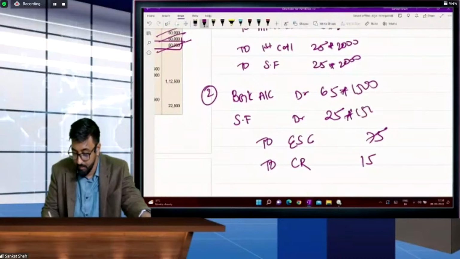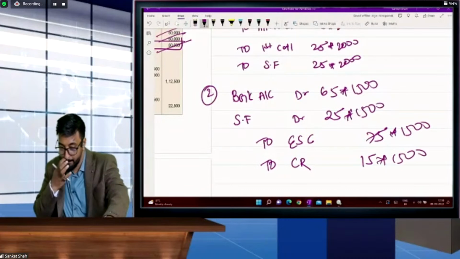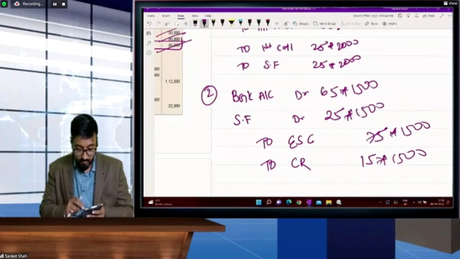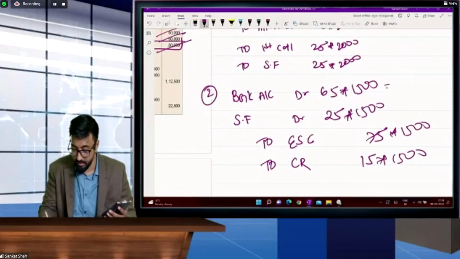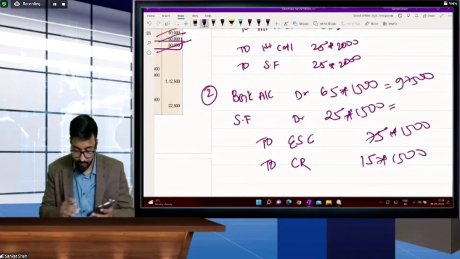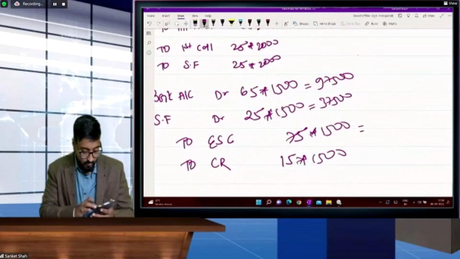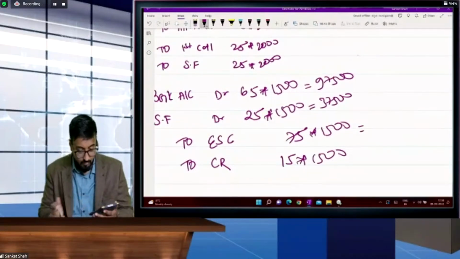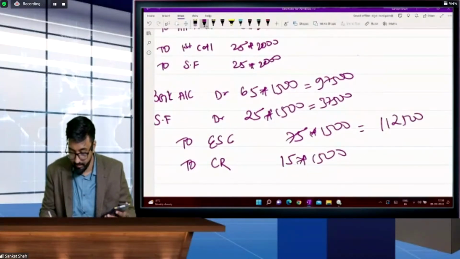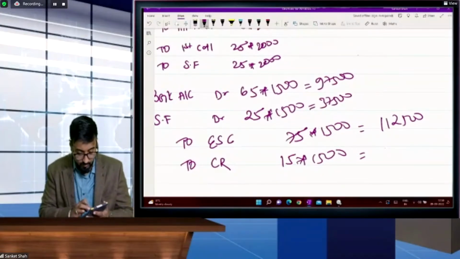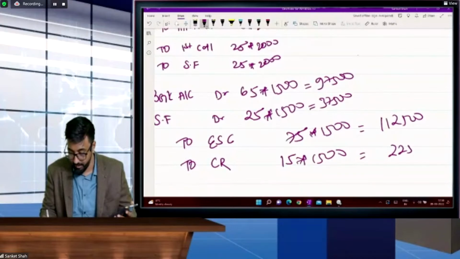1500 shares. 97,500. 37,500. 1,12,500 and 22,500.